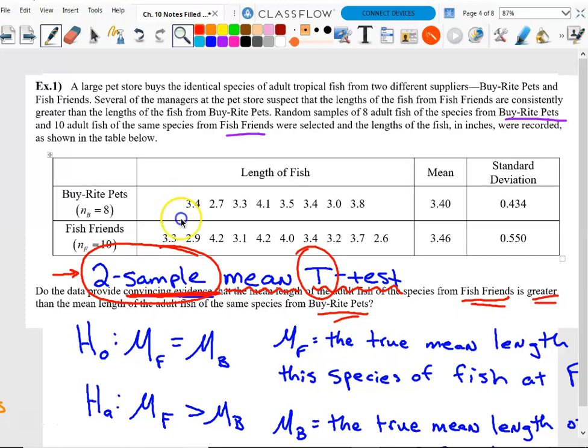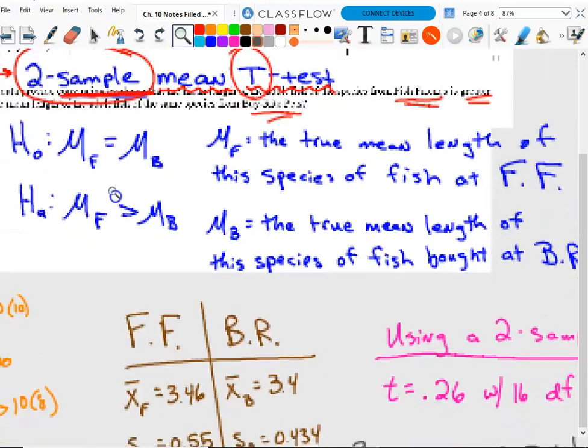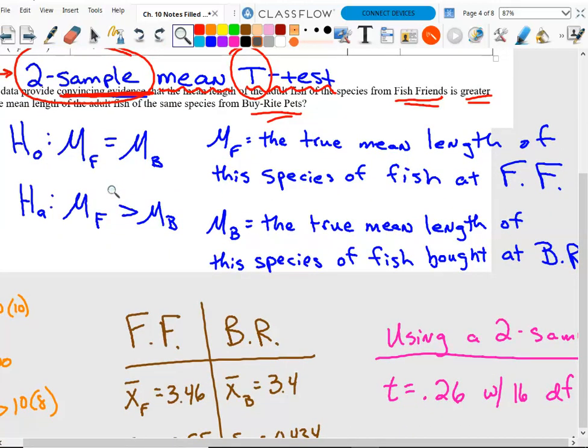Okay, I'm going to start with Ho and Ha, even though I probably should start with assumptions. So we are talking about, is the mean, mu, length of fish at Fish Friends the same as Buy Right, or is the mean for Fish Friends greater than Buy Right? I'm sorry, I keep saying "and again."